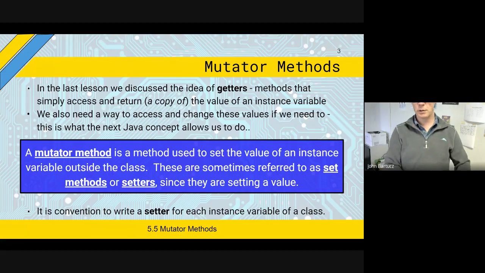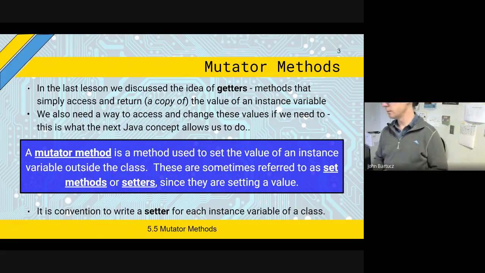A method, at least the declaration, that would give anyone in the world the value of balance. So write the declaration of an accessor or a getter for balance.